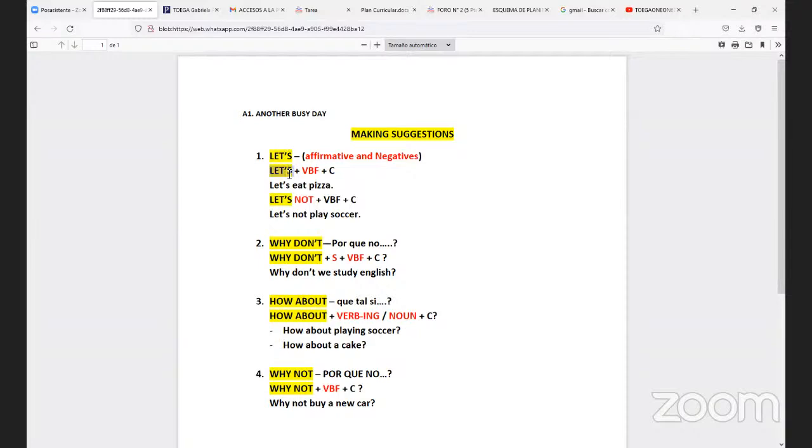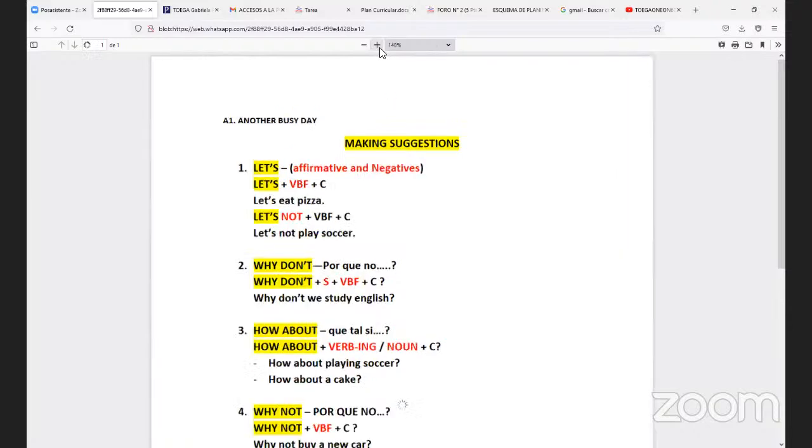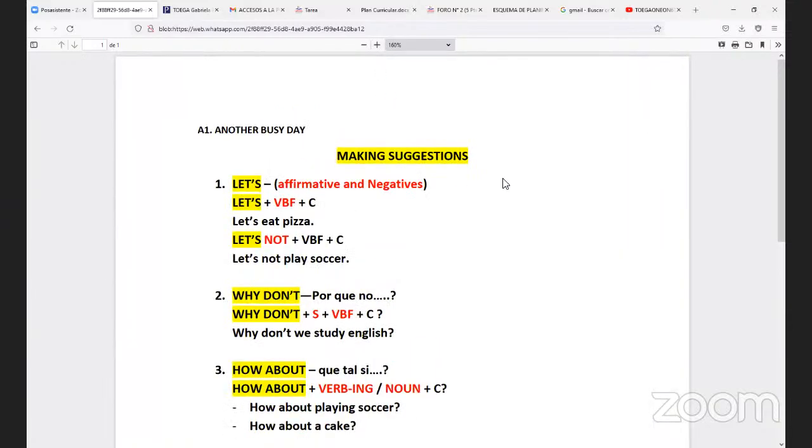But of course, we have to use this structure in order to make the suggestions. We always use let's and the verb in base form. The base form of a verb is like this: if we have go, this is the base form.